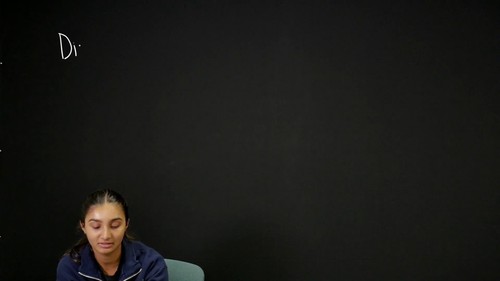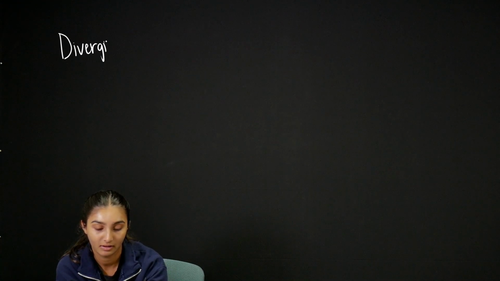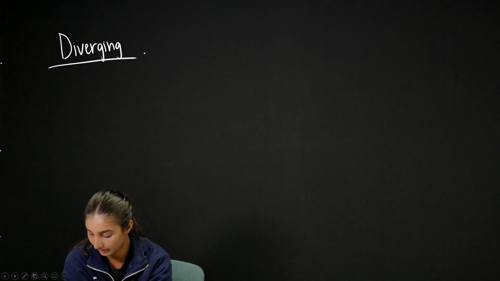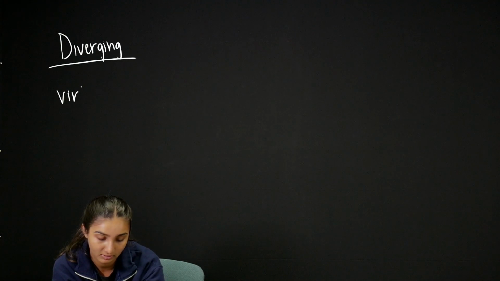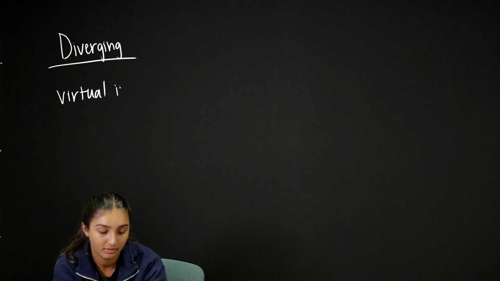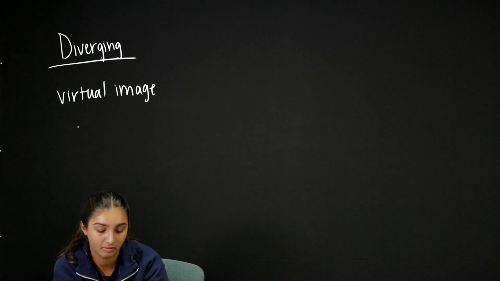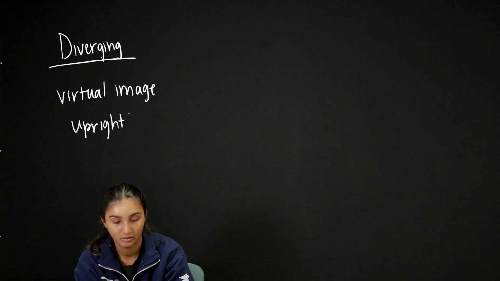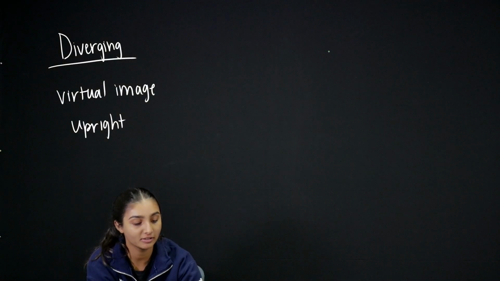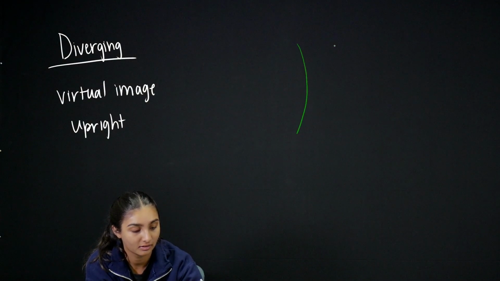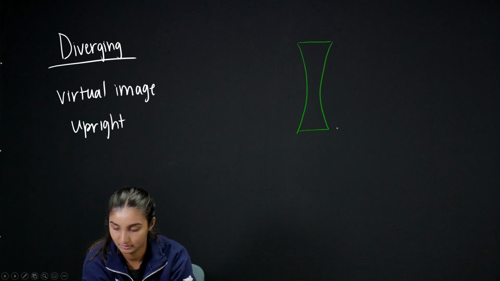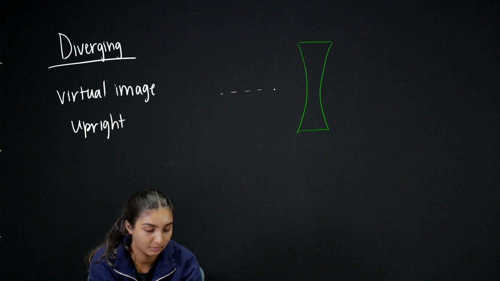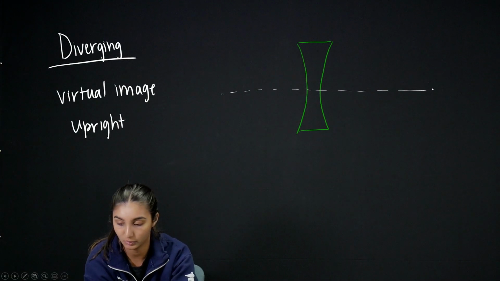The next type of lens that we have is a diverging lens. Diverging lenses give us virtual images that are upright. To draw our diverging lens, we have our lens here, and similarly we have two focal points.